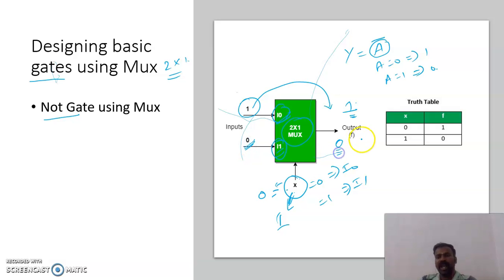Now this acts as the NOT gate. As per this multiplexer design, x equal to 0 gives f equal to 1, and x equal to 1 gives f equal to 0. So this is the NOT gate design using 2 cross 1 mux.